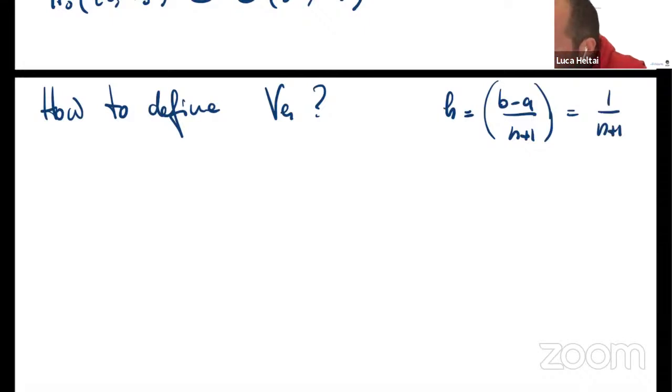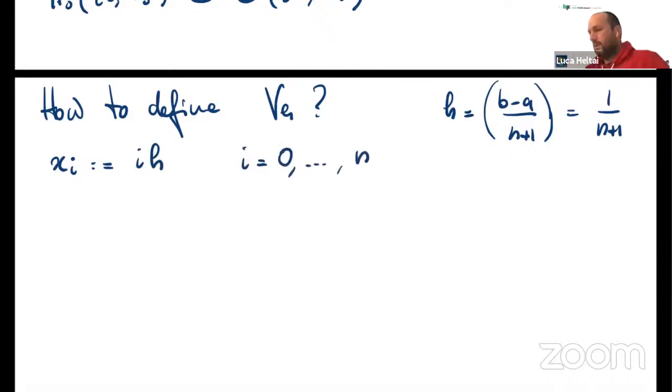Okay, and I write xi is defined as I times H, for I that goes from 0 inclusive to N minus 1 inclusive. Okay. So these are N points.